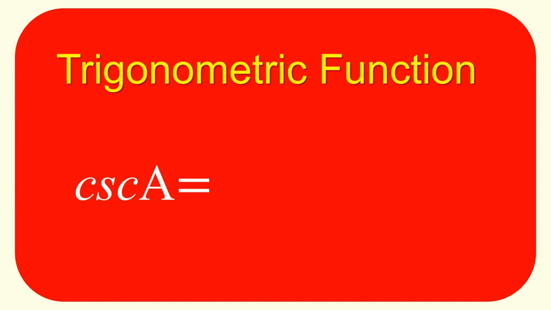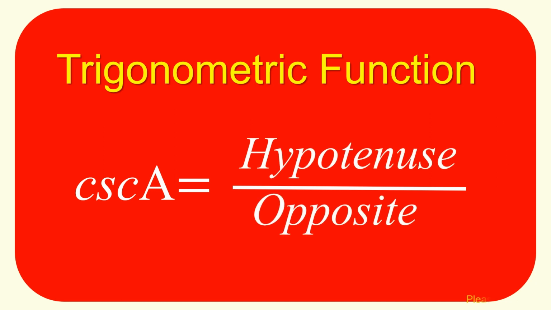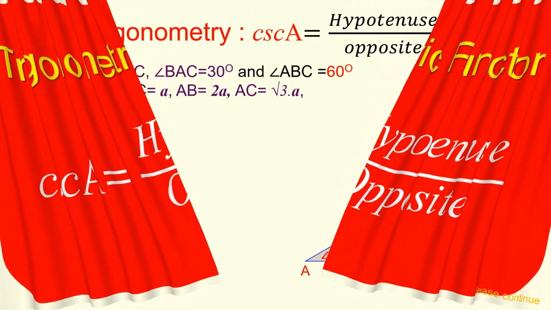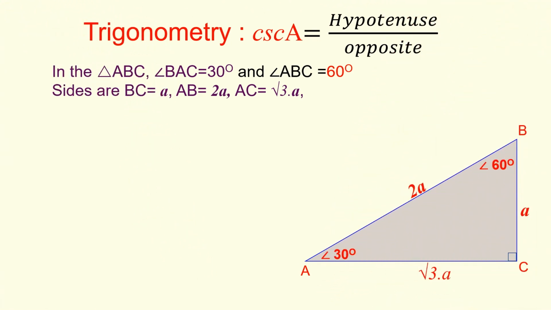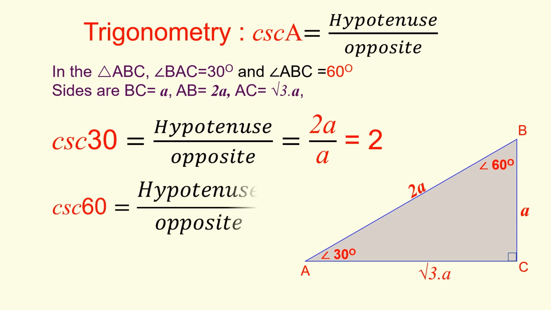Trigonometric function. Cosecant or cosec A is equal to hypotenuse divided by opposite. Cosecant or cosec 30 degrees equals 2.